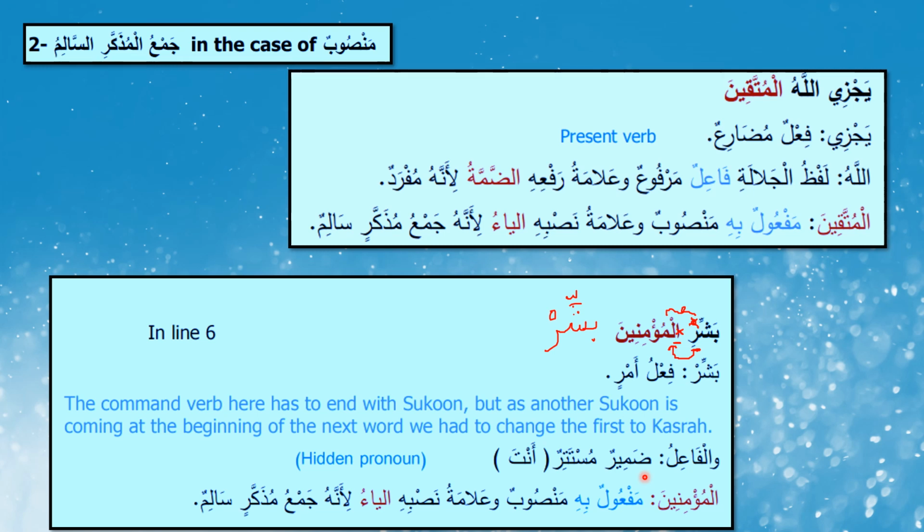Bashir, command, the fi'l amr, then where is the fa'il? Fa'il is always hidden in the command verb. And in this case, it's damir mustatir taqdiruhu anta. Taqdiruhu means assuming, it's showing that this command is for a male singular.